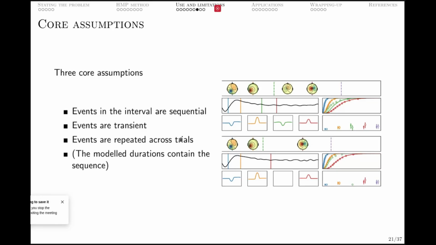The first one is that on some trials, the sequence will actually end after the epoch size that you chose. And on some trials, it will end much earlier than the epoch size that you chose. In the case where it ends earlier, you would have more events happening in this fixed length epoch, for example, I don't know, metacognition or stuff like that. So this will be contaminating the estimation of the other trials.